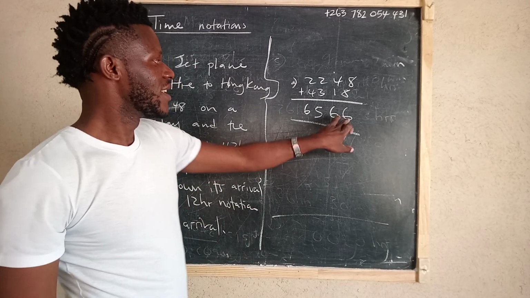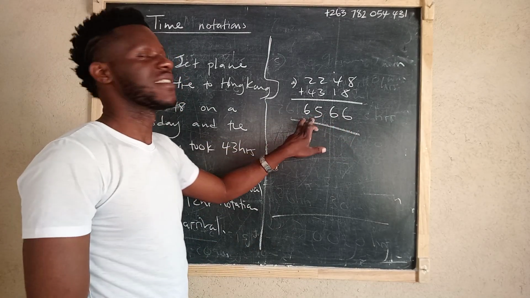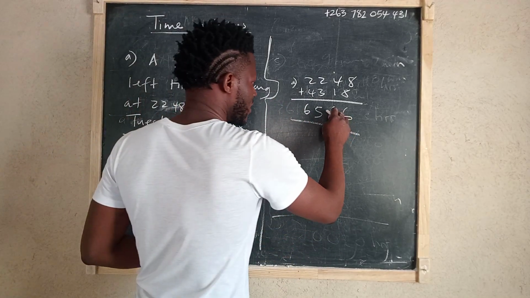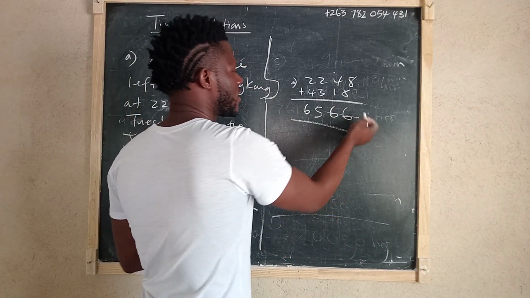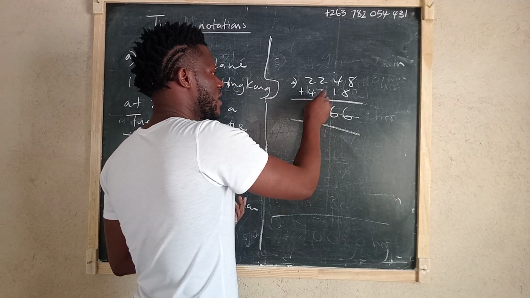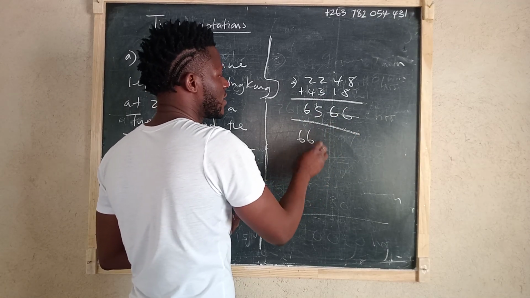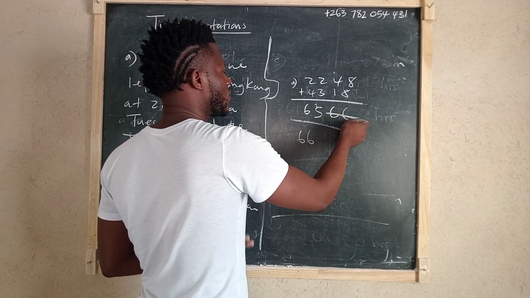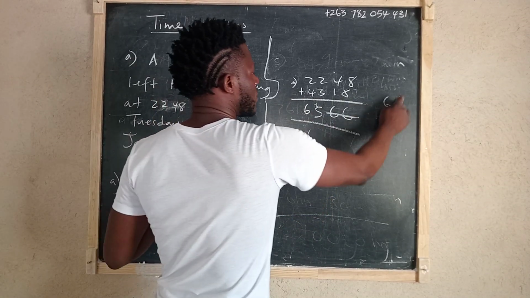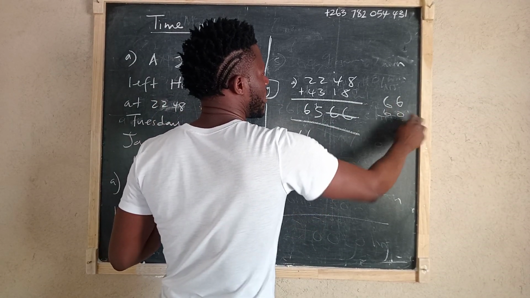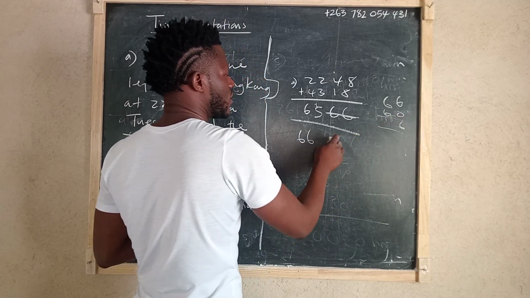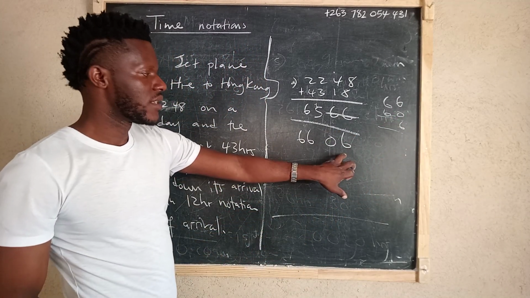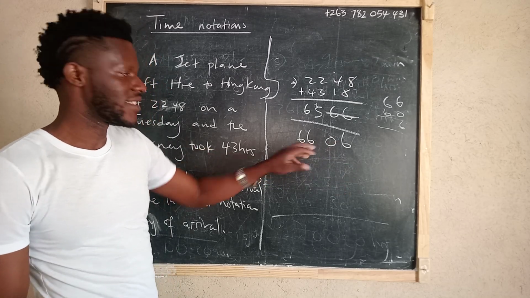We arrived at 66 minutes past 65 hours. So we need to convert something. These 66 minutes contain an hour of 60 minutes. So that hour we add to the hours, and from the 66 we borrow 60. 66 minus 60 minutes gives 6 minutes. It's now better. We arrived at 6 minutes past 66 hours.